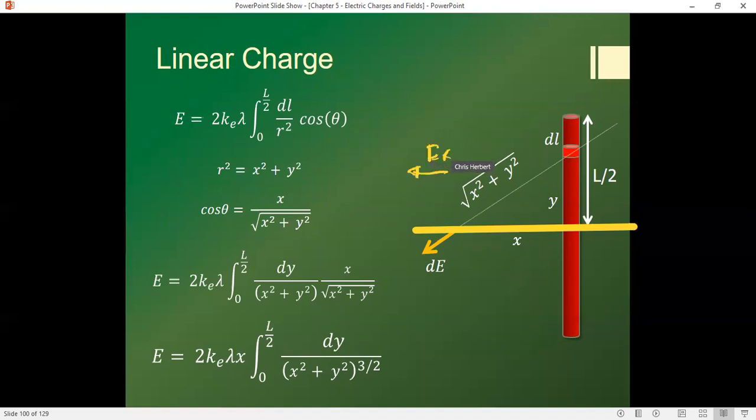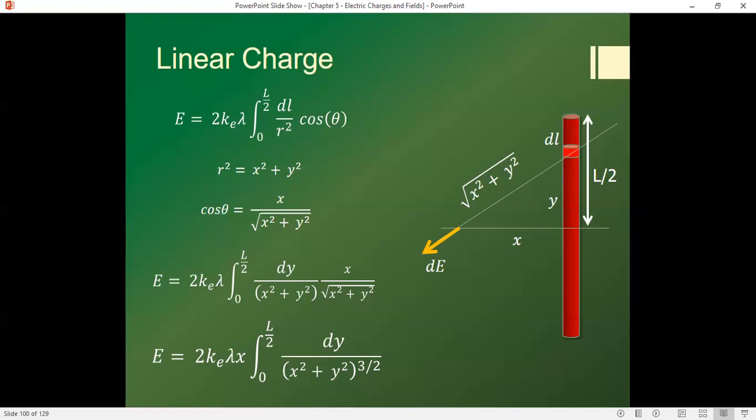By symmetry, I would imagine that the electric field from the top half in the y direction will cancel out with the electric field of the bottom half in the y direction. So I won't have to worry about a y component. Okay, so I'm only looking at E_x here, only the x component of the electric field. Now I'm integrating over that x component to get the total electric field.